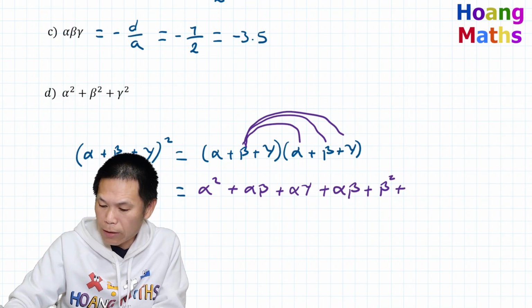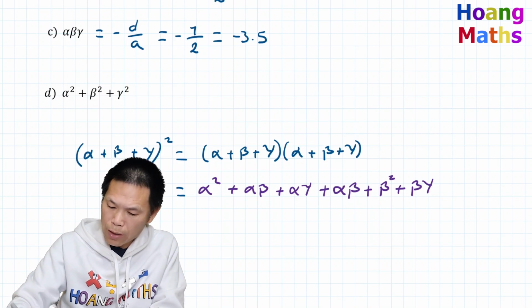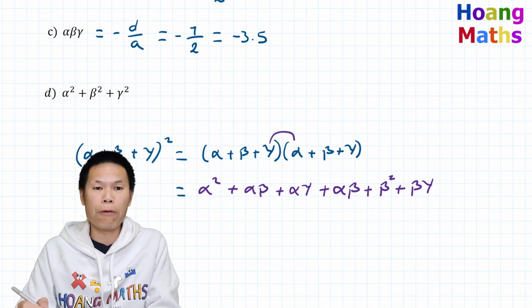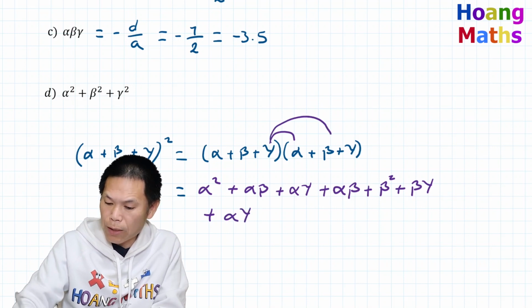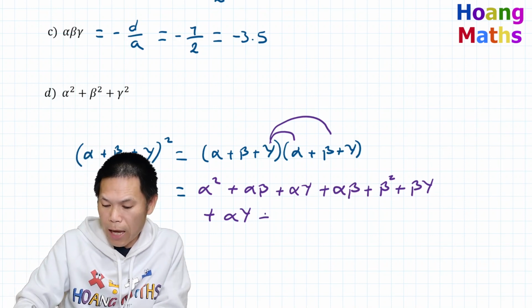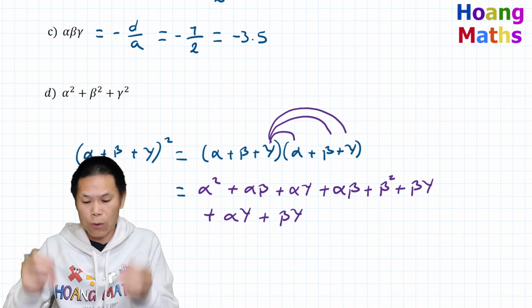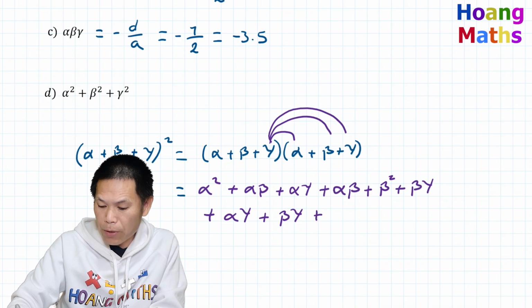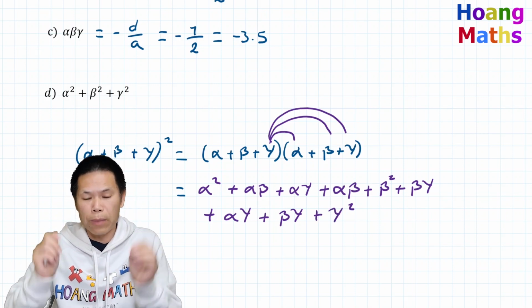The last one is gamma times alpha, which is exactly the same as alpha gamma. And we have gamma times beta, which is the same as beta gamma. And gamma times gamma gives gamma squared.